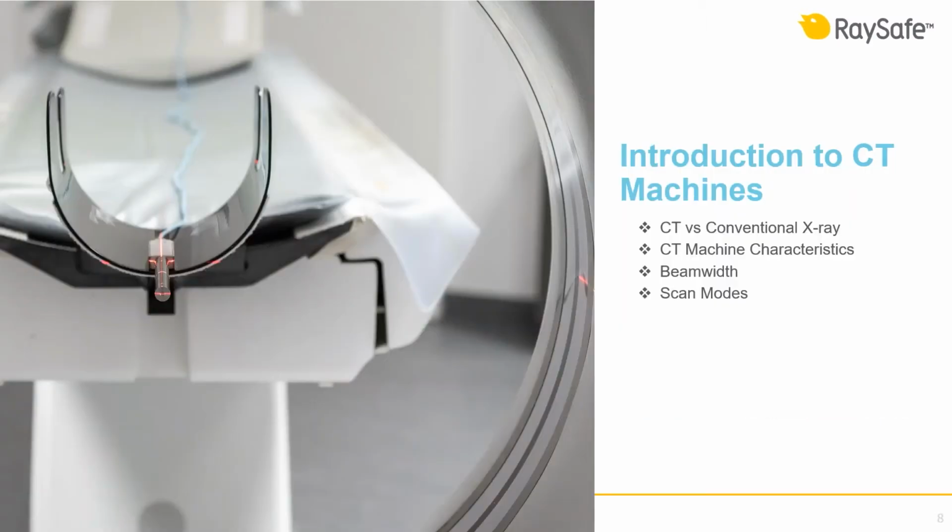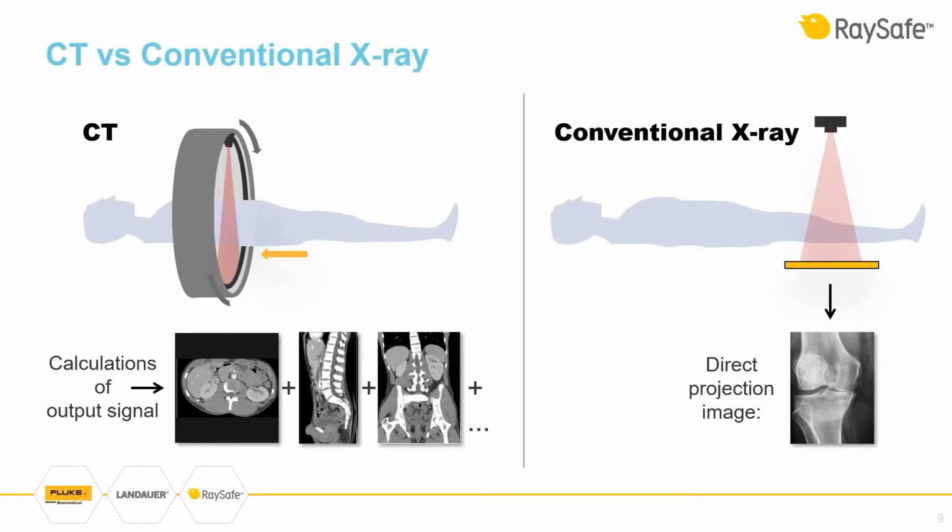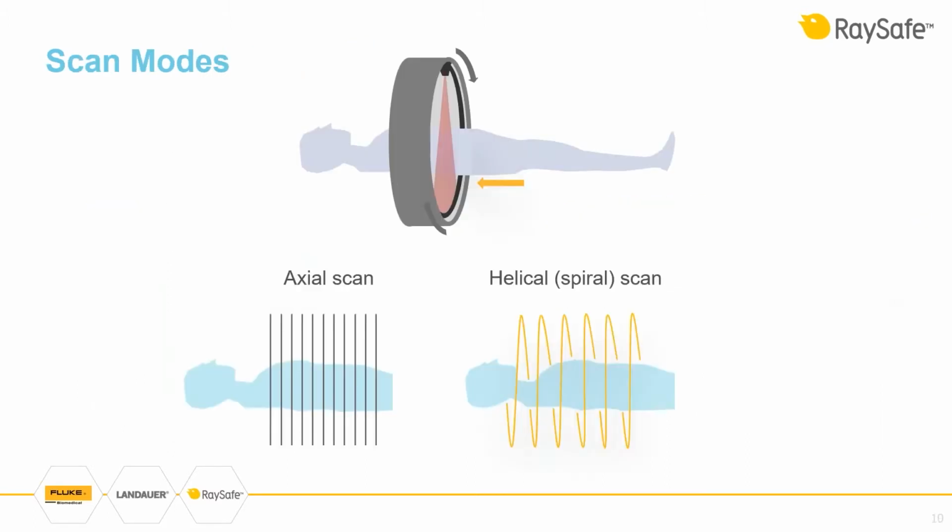But let's start talking about the CT machine and how it differs from conventional radiography. Conventional radiography gives you a fairly short exposure and high resolution 2D pictures. A CT machine uses a thin beam that rotates around the body. There are mainly two different ways the CT machine can rotate around the patient.